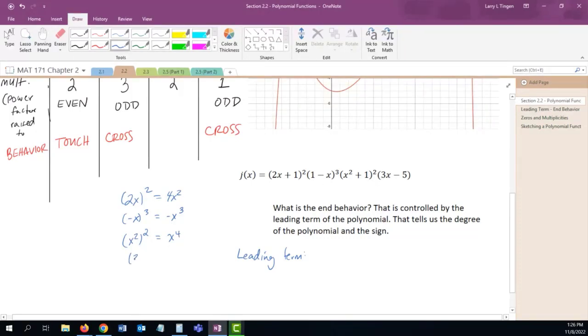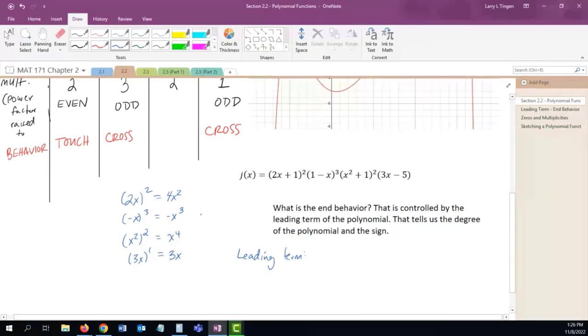And then in the last one, it's 3x. Okay, so if I multiplied all of these out, the product 2x plus 1 times 2x plus 1 would have a leading term of 4x squared. This would have a leading term of negative x cubed. This would have a leading term of x to the fourth. And this would have a leading term of 3x.